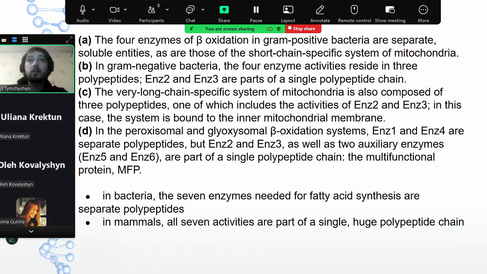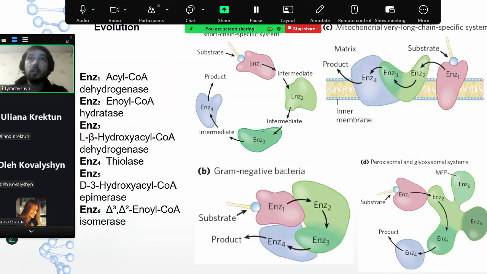So these are two auxiliary enzymes, enzymes 5 and 6, and they all are parts of a single polypeptide chain. What's interesting, in mammals, all 7 activities are parts of a single huge polypeptide chain. So they are synthesized as a huge chain.